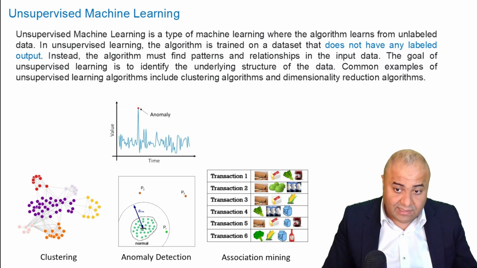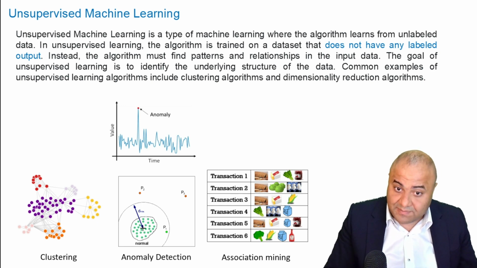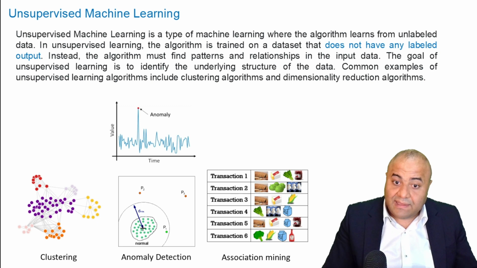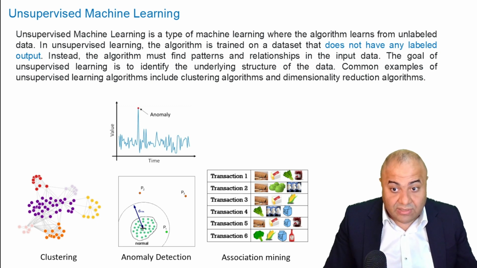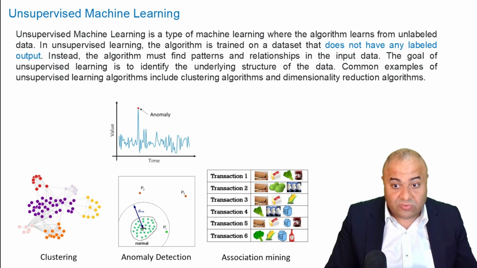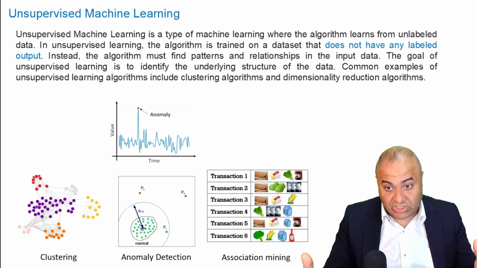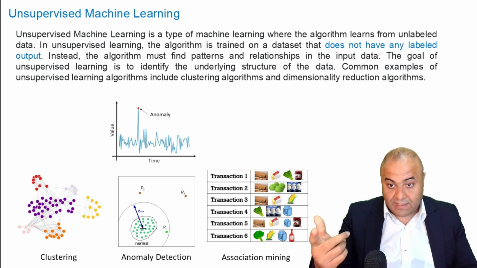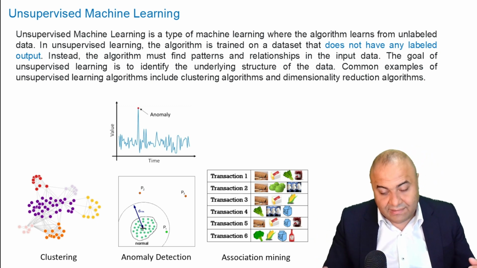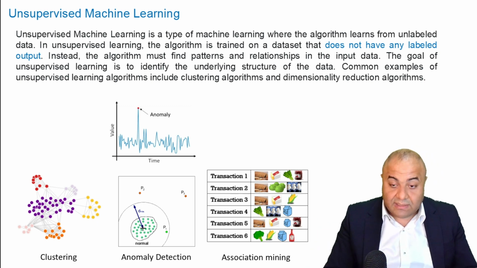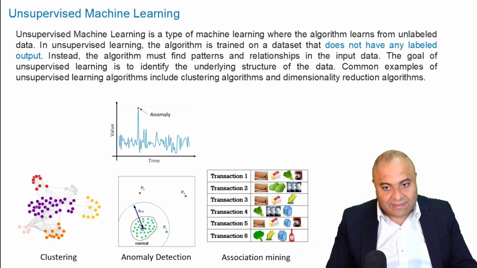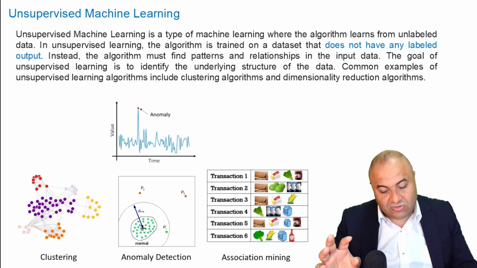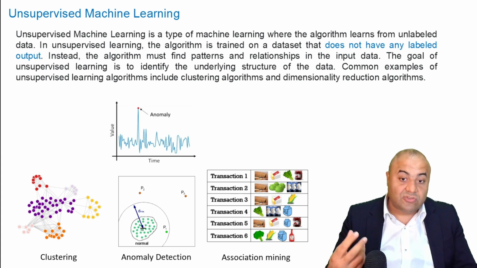Another interesting application of unsupervised machine learning is association mining, which is one of the methods used for recommendation engines. For example, if you buy a specific product from a shopping website, it might recommend another product. There are many methods, but one of them, not so strong, is association mining.